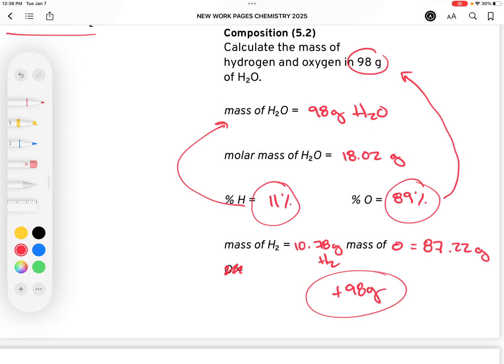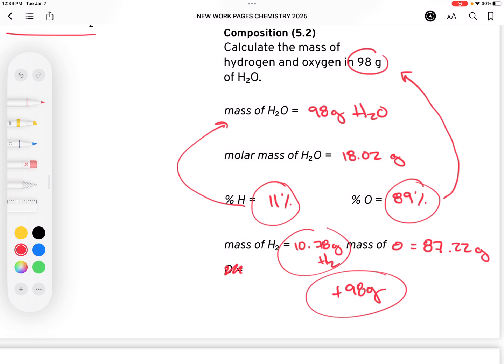We're just trying to see what part of 98 grams of water is hydrogen, and that came out to be about 10 grams. So if I'm in the lab and I separate the hydrogen and oxygen, okay, what I can find is that, well, if I collect 10 grams of H2, well, there's 0.78 that's missing, right?